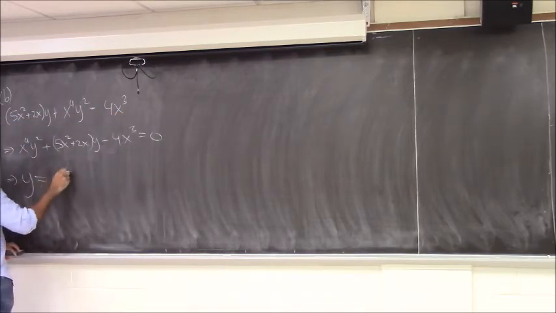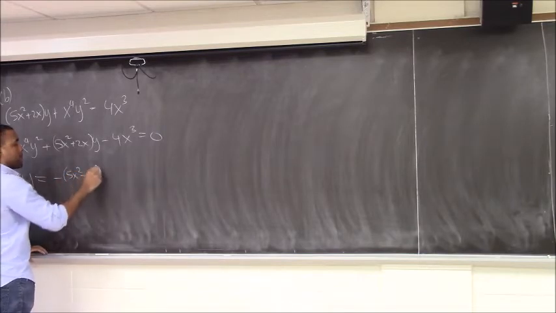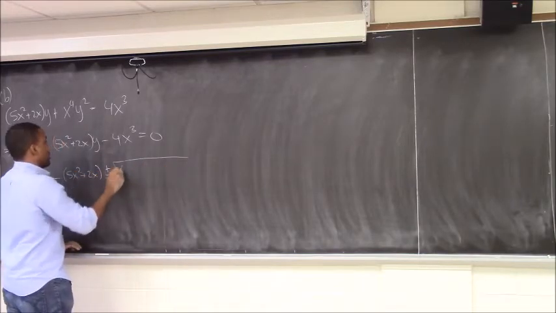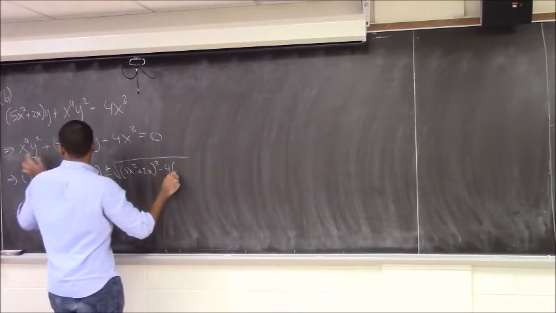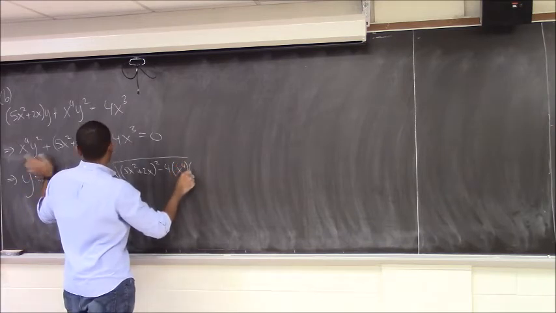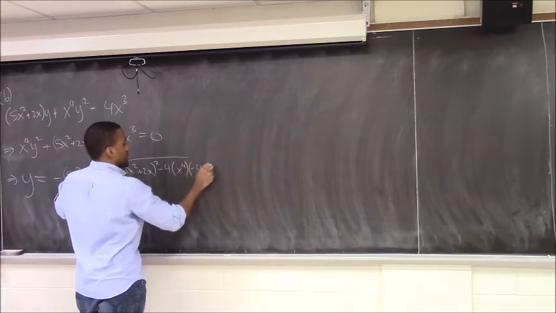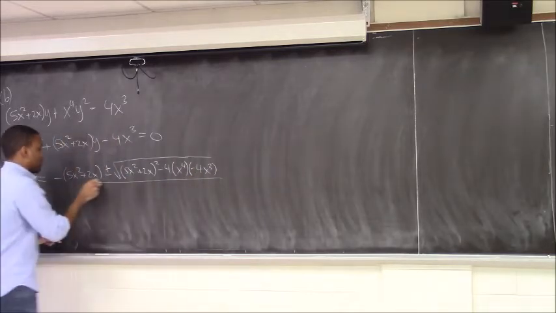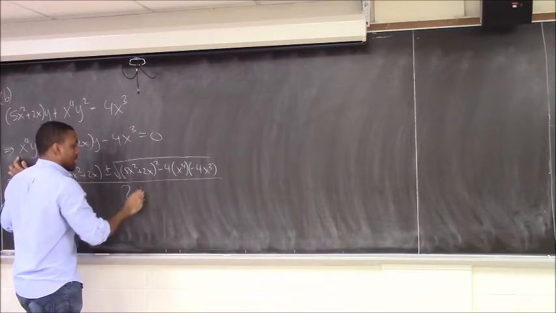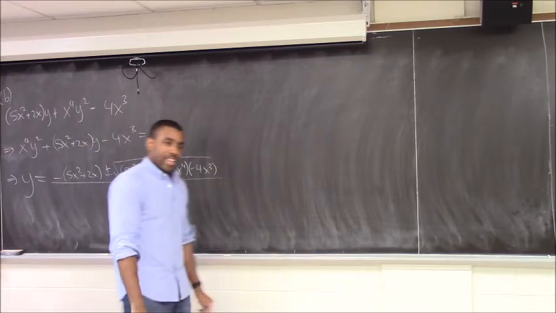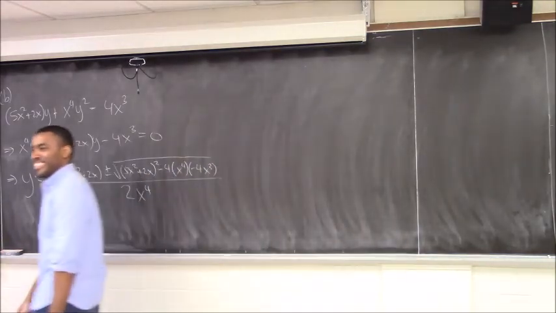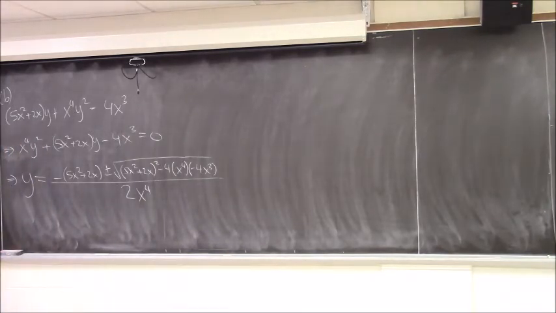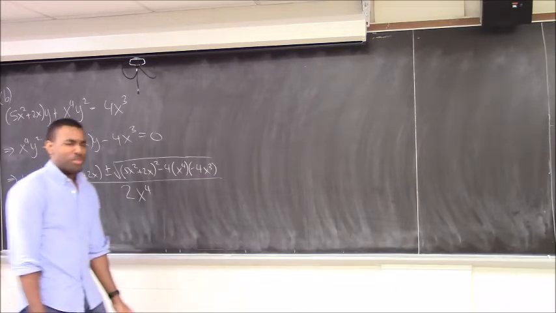So this is minus b plus or minus the square root of b squared minus 4 times a times c, all over 2 times a. So this is an example where I could solve for y if I wanted to, but would I want to? If the goal is to find y prime, is that something you want to have to find the derivative of? Sure, you could do it. Would you want to do it though?